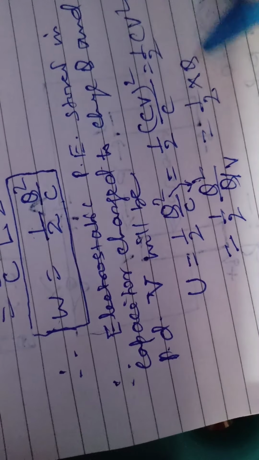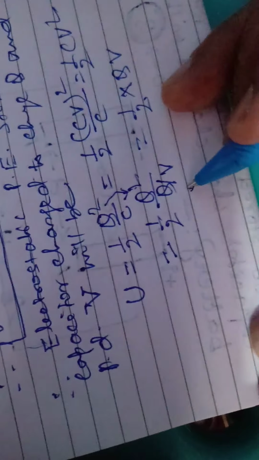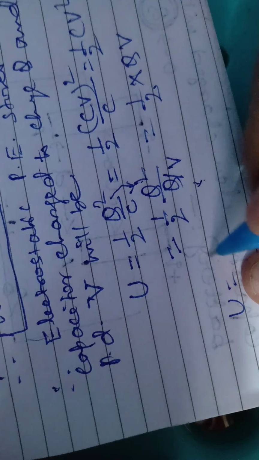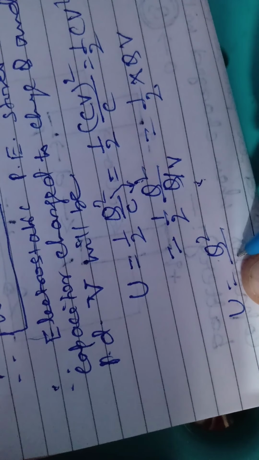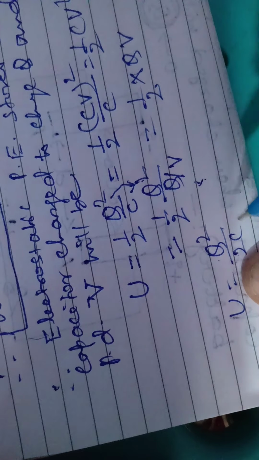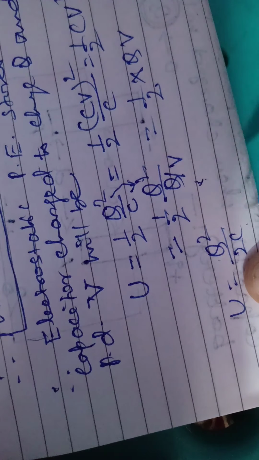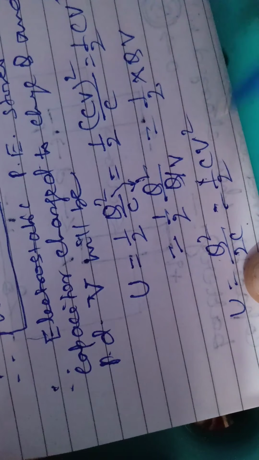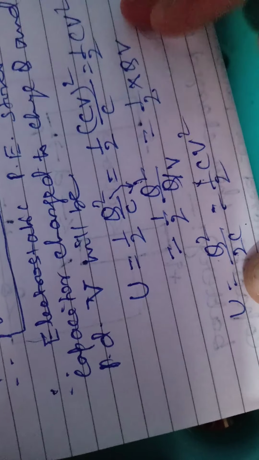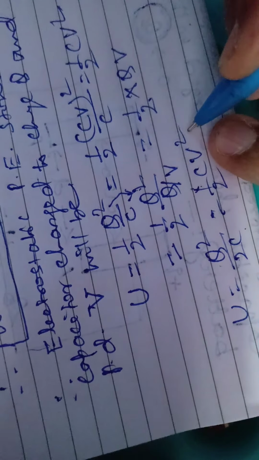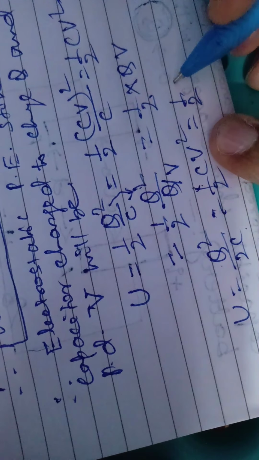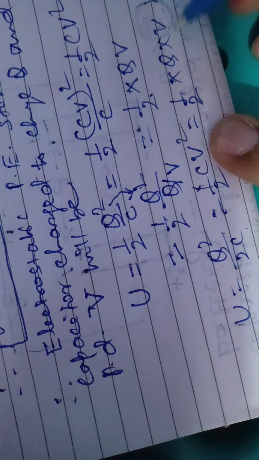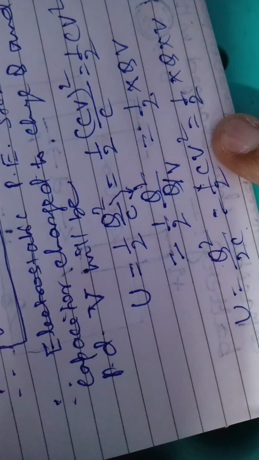Half into Q into V. Thus, in three different forms, electrostatic potential energy can be written: Q square by 2C, that is in terms of charge and capacitance; half CV square, in terms of capacitance and potential difference between the plates; and the same may also be written as half into Q into V, that is in terms of charge and potential difference.